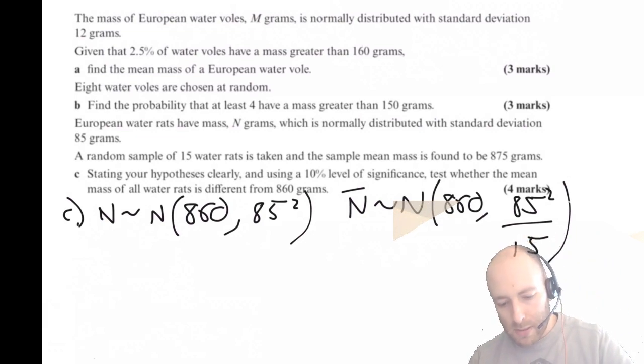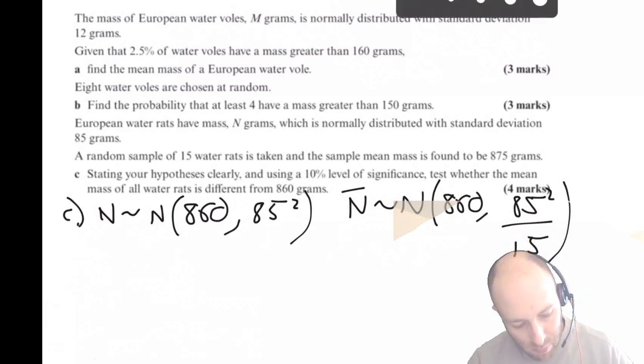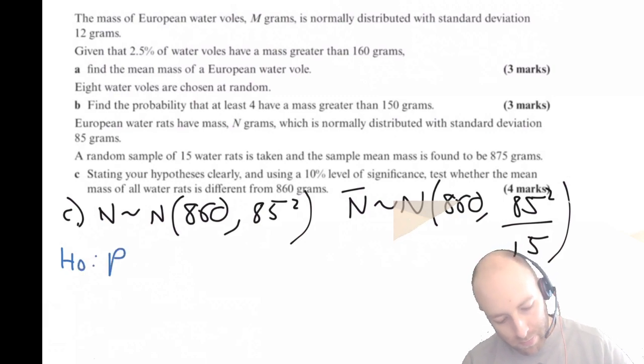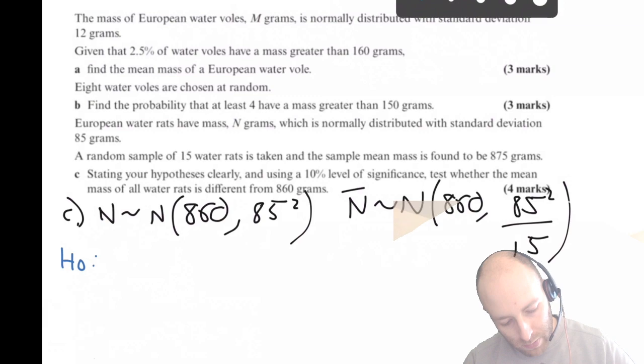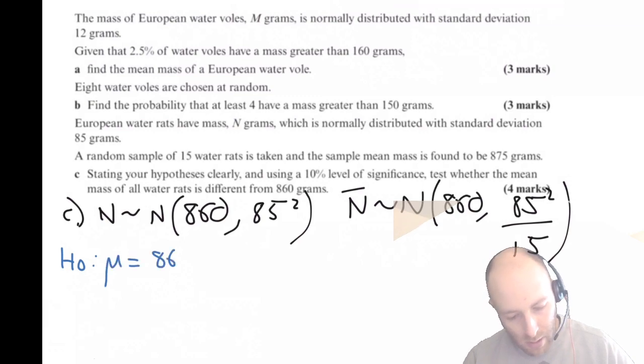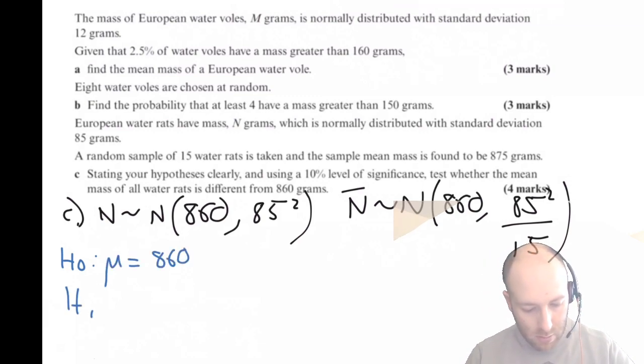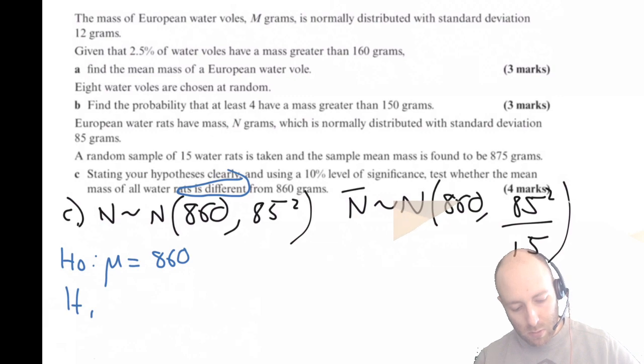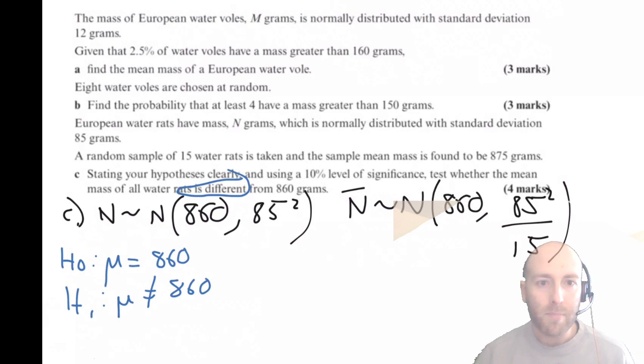Okay, state our hypotheses. So we got H0: mu equals 860. H1, we're testing whether it's different, so it's going to be mu is not equal to 860.